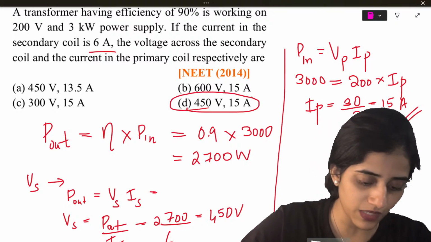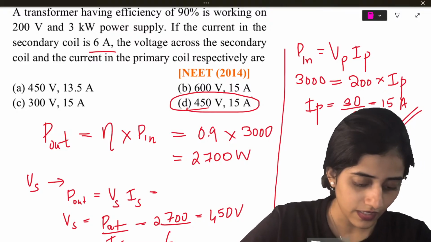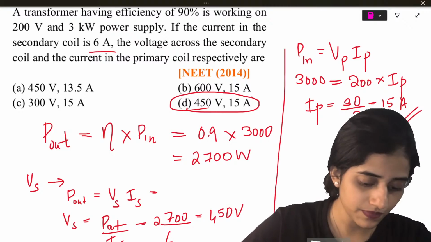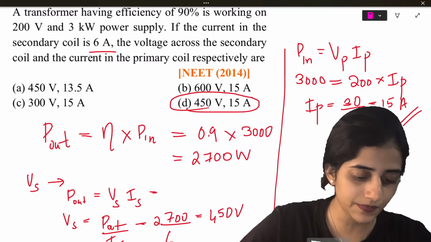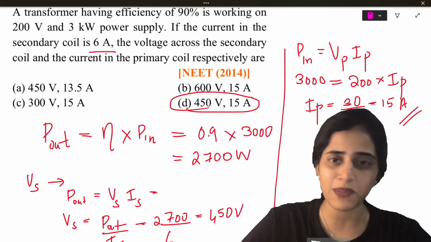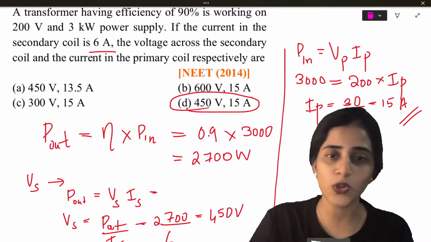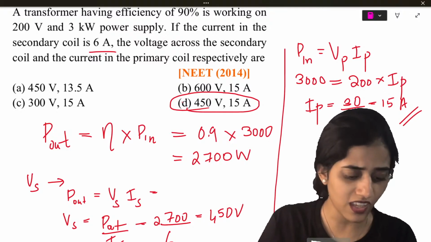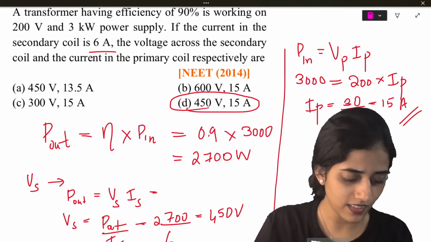Can you see because of my head? Are you all getting option D? Quickly tell me in the chat. Are you all getting option D? Are you getting C?